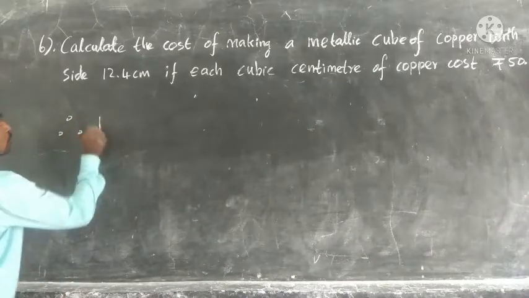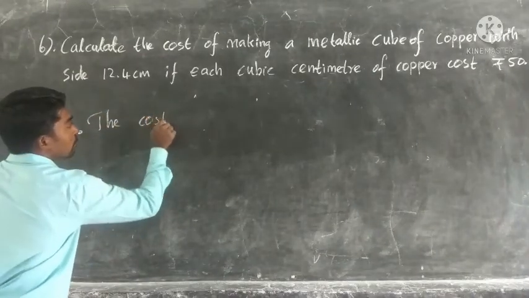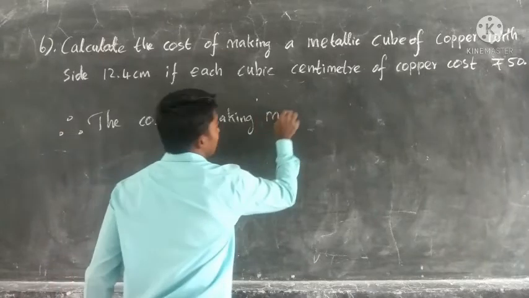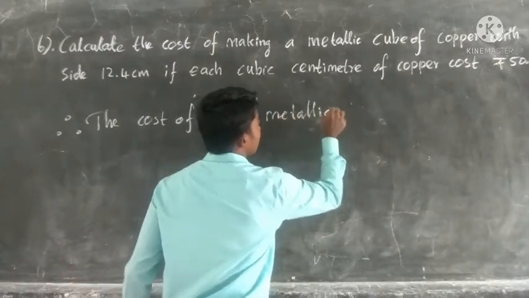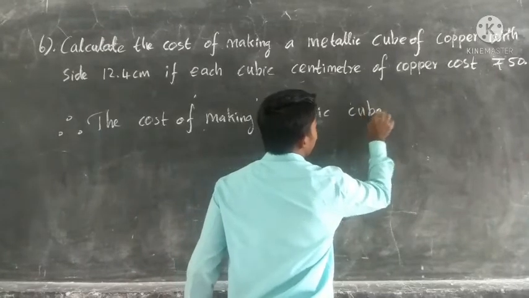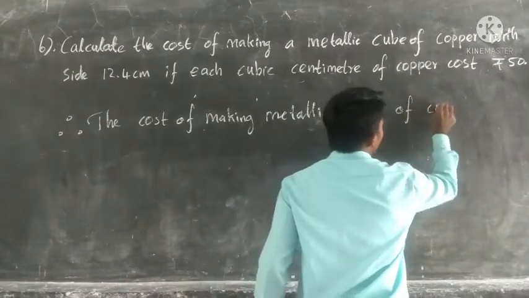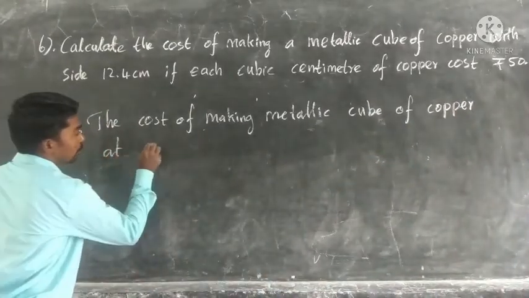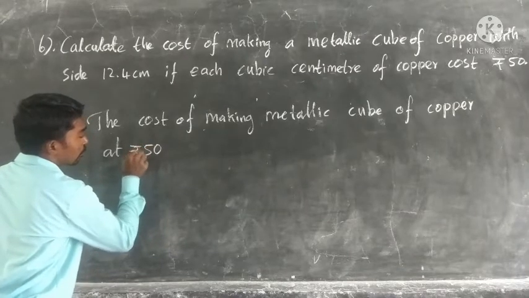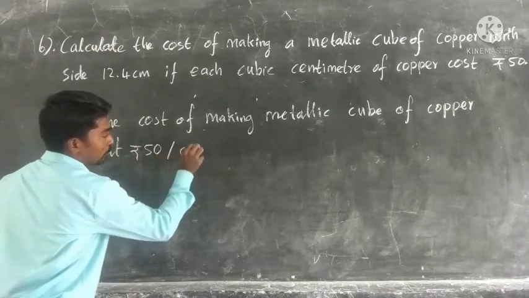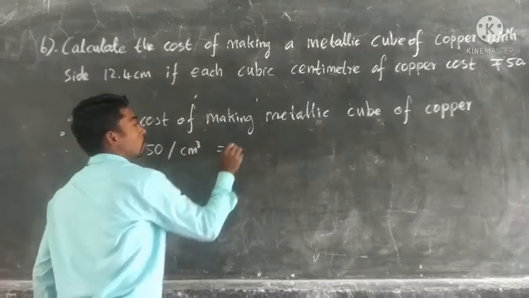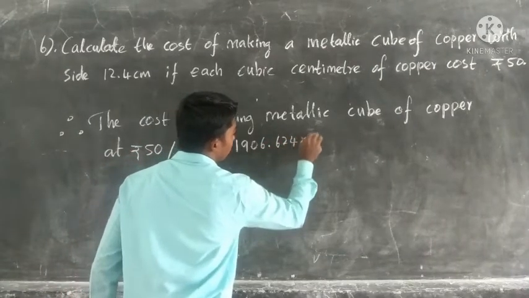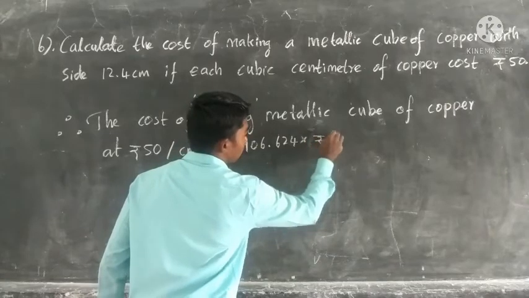Therefore, the cost of making metallic cube of copper at 50 rupees per cube centimeter is equal to 1906.624 into 50 rupees.